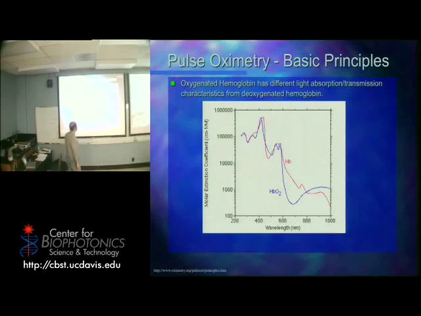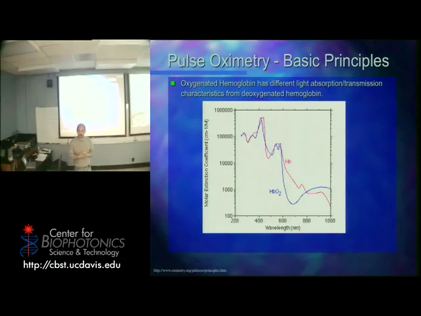Red. Okay? So, if we said that blood with oxygen is bright red, and blood without oxygen is dark red, would you expect more light to be absorbed in the red region by oxygenated blood or deoxygenated blood? What would you expect? Something looks a color, what does that mean about the light of that color?